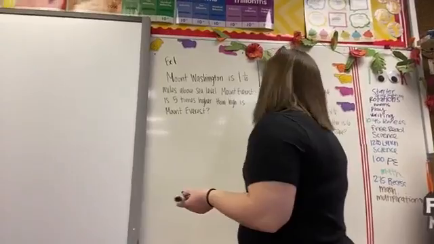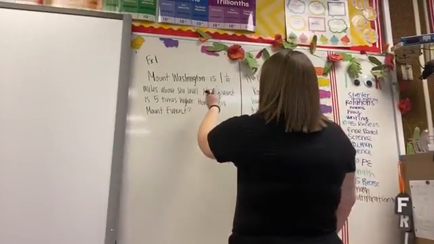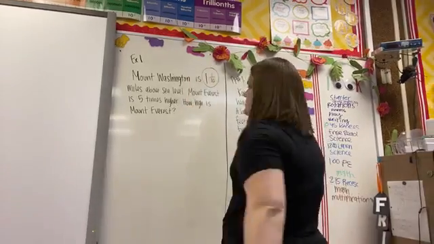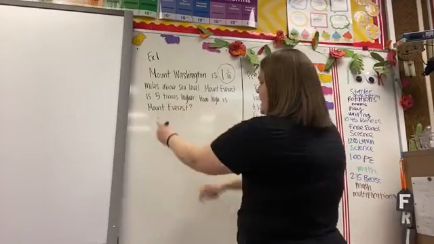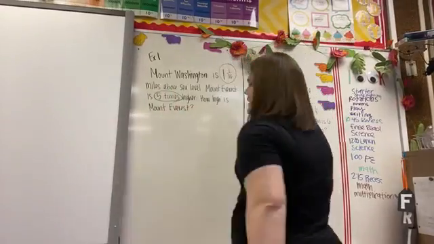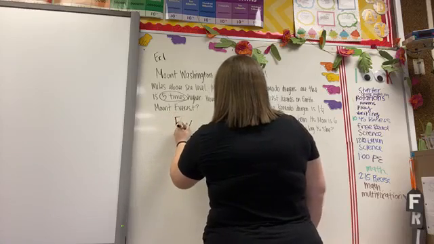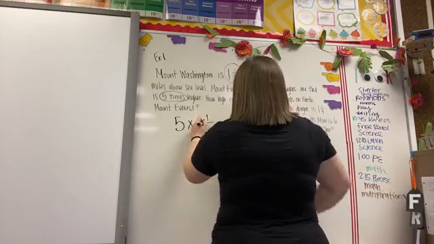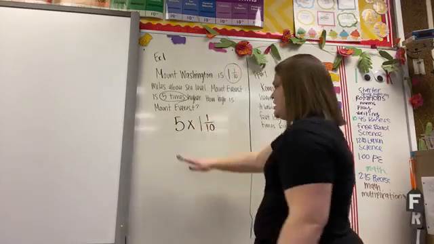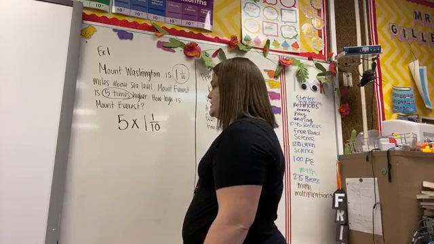Well, I first want to find my important information. Mount Washington is 1 1/10 miles above sea level, but Mount Everest is 5 times higher. So I'm going to do 5 times 1 1/10. Awesome. Okay, this will tell us how high Mount Everest is.